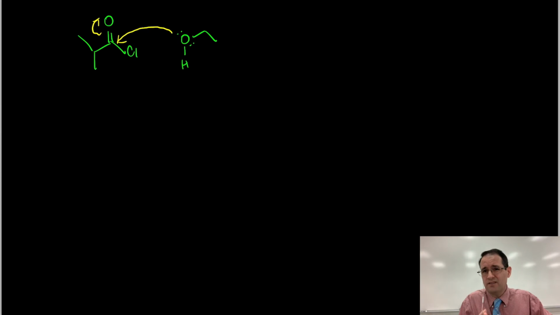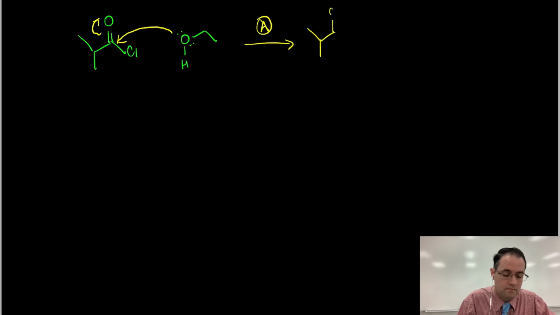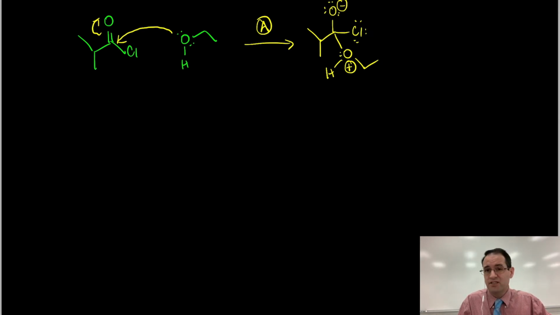So again, acid chlorides are so reactive, you don't need to protonate the carbonyl or anything like this for it to react. They just immediately react, okay? So the ethanol is going to attack, and we can add all these lone pairs in here to maintain the octet. And so we have that tetrahedral intermediate, remember? And now what we want to do is kick off the chloride, okay? Kick off the chloride.